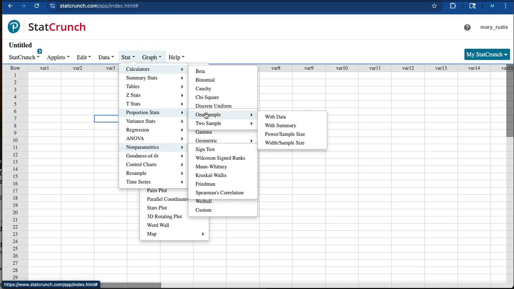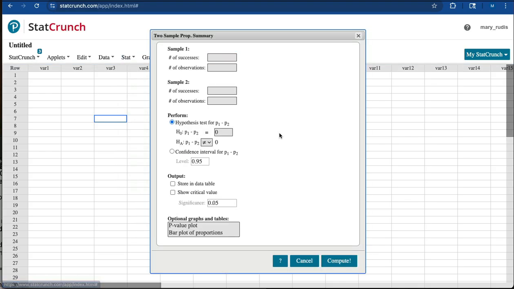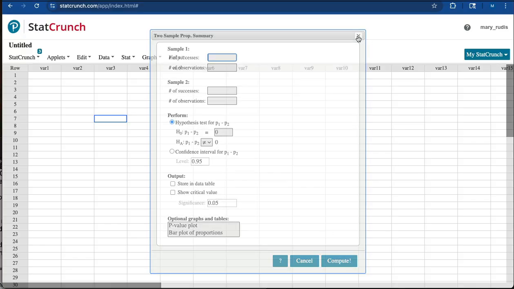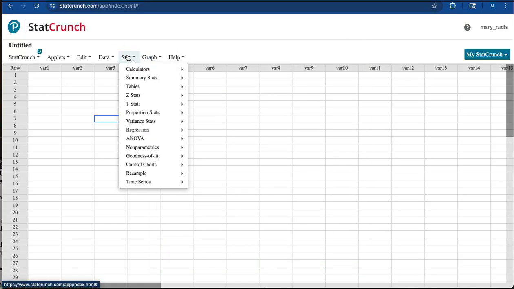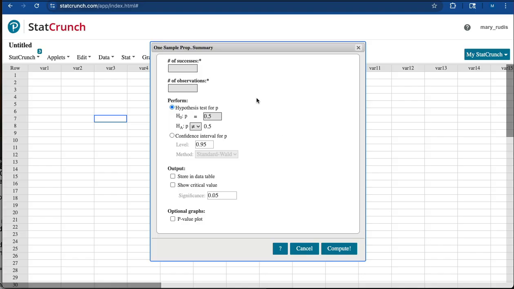Stats, and then one sample, and then with summary. Somehow it got messed up, so let me go back to that. Proportion stats, one sample with summary. At the top of our pop-up window, it should say one sample prop summary.